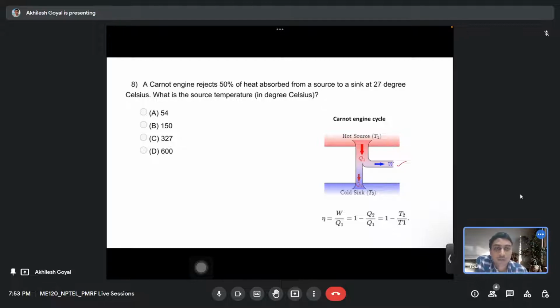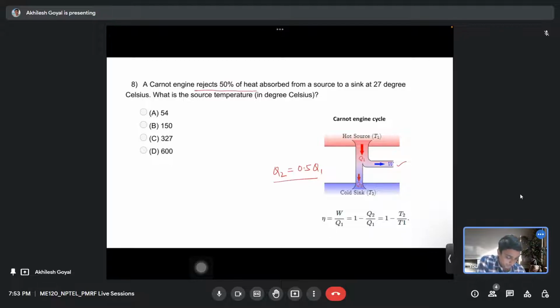This is how a schematic of a Carnot engine looks. In the question, the engine rejects 50% of the heat absorbed from the source. So the heat rejected is Q2, and that is equal to 0.5 of Q1.